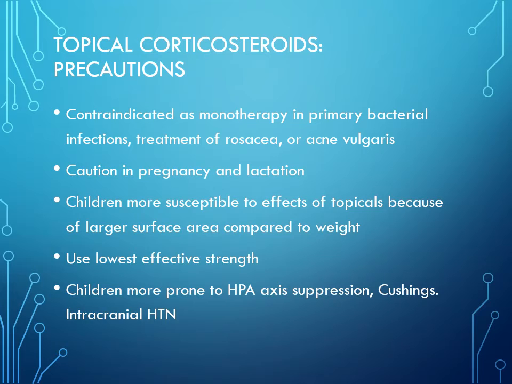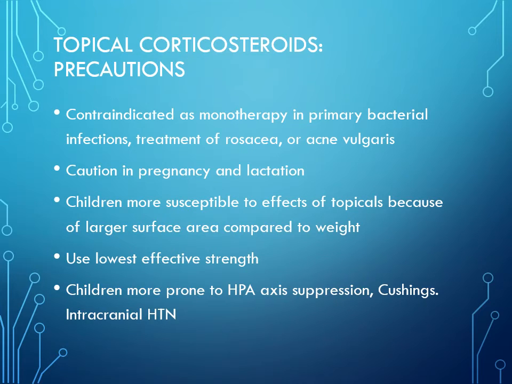Children might be more susceptible to the effects of topical steroids because they have a larger body surface area compared to weight. So they may tend to absorb more systemically. So in infants and children, we want to use the lowest effective strength of topical steroid that we can get away with. So the use of high potency or very high potency agents should be avoided.